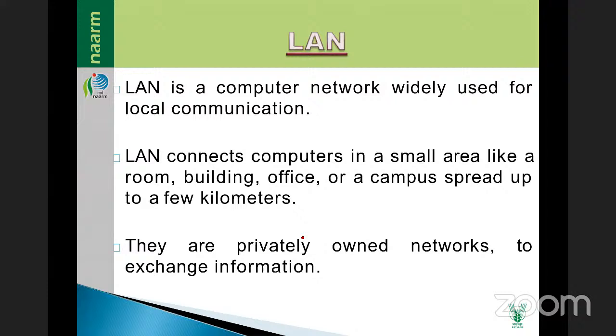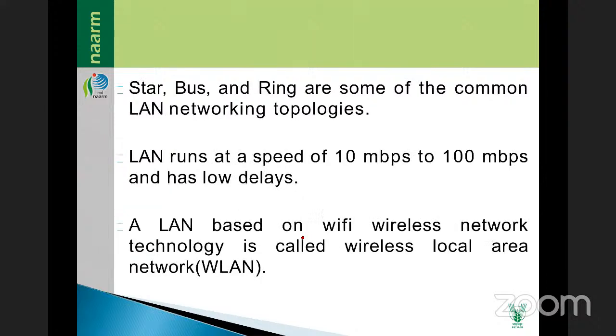They are privately owned networks to exchange information. Star, bus, and ring are some of the common LAN topologies. So we use star topology, bus topology, or ring topology; these 3 topologies are there, and you can connect accordingly.